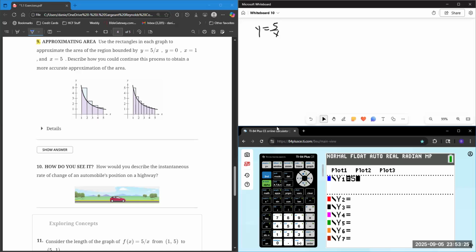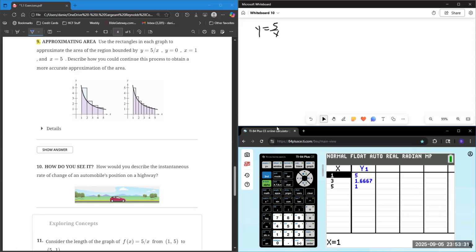5 divided by x. And I'm interested now in the table here first, where I have x's 1, 2, 3, 4, and 5. So 1, 2, 3, 4, and 5.